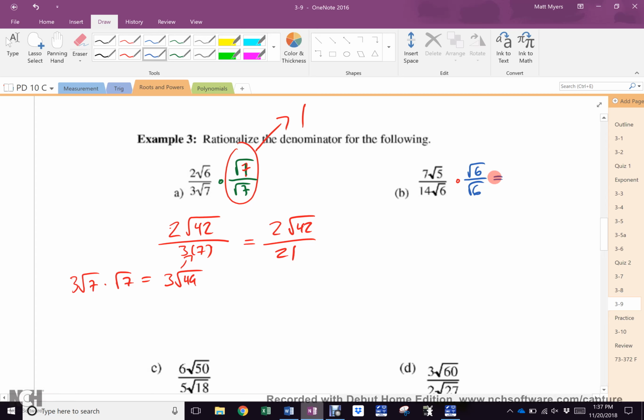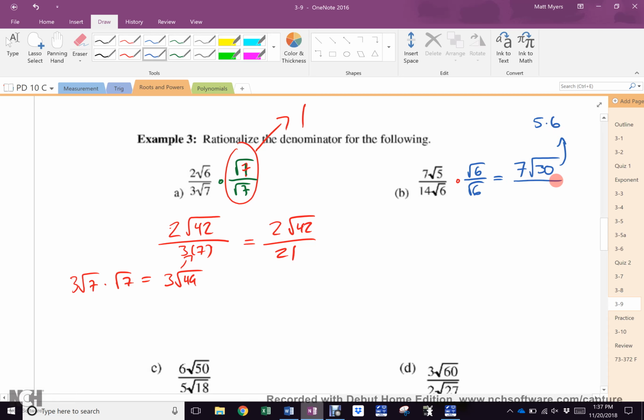So, what is the top now? 7 root 30. Why is that 30? Just to remind you from yesterday, 5 times 6. Now I'm going to give you an assignment today that covers multiplying and dividing, because I didn't give you a lot of practice on multiplying yesterday, right?